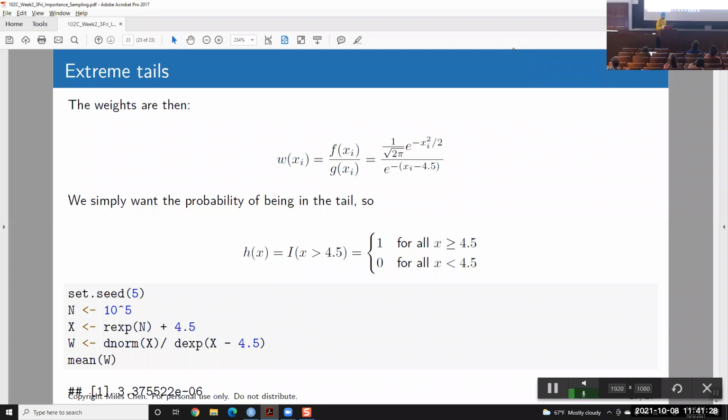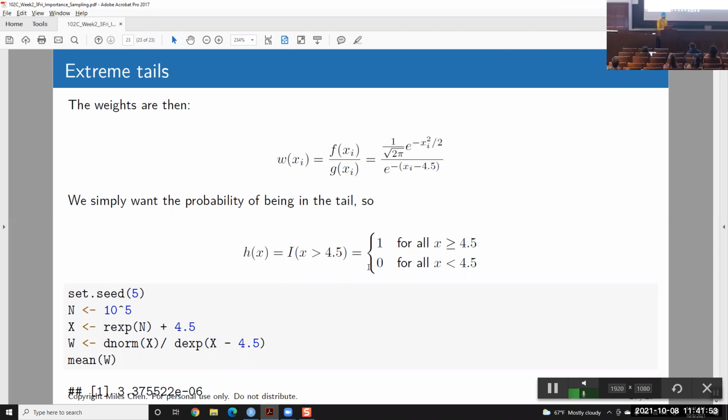So what are our weight parameters now? We've got the PDF of the standard normal distribution up here. And over here, this is the PDF of our exponential distribution just shifted over 4.5.